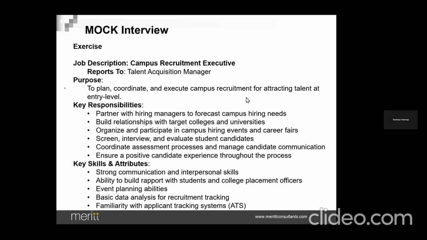First, we shortlist based on percentage marks. Then a written test, then a group discussion, and a final interview with our leadership team.